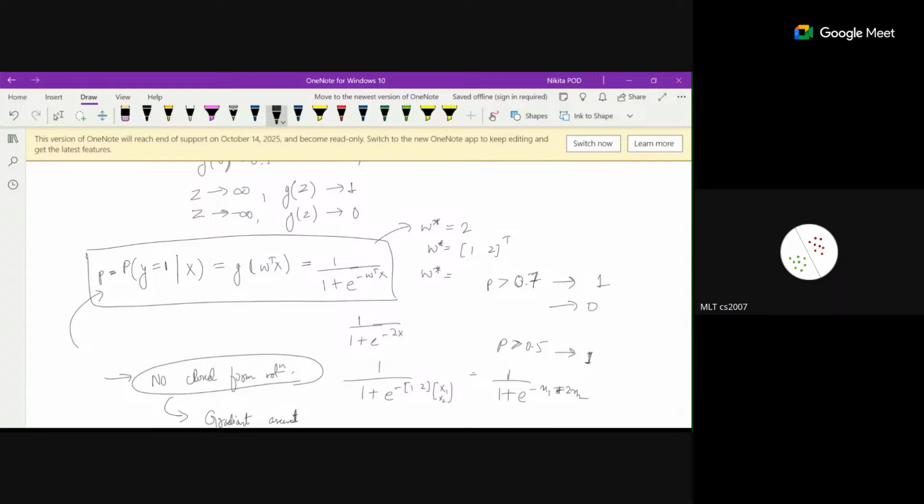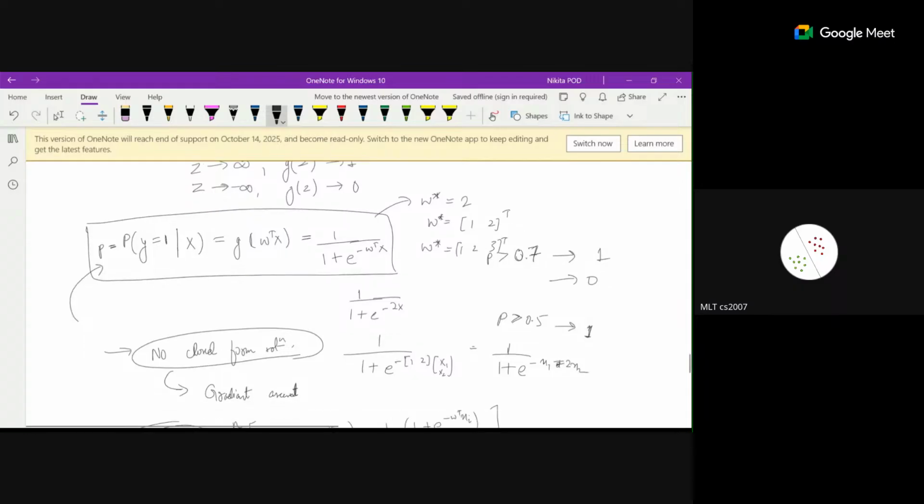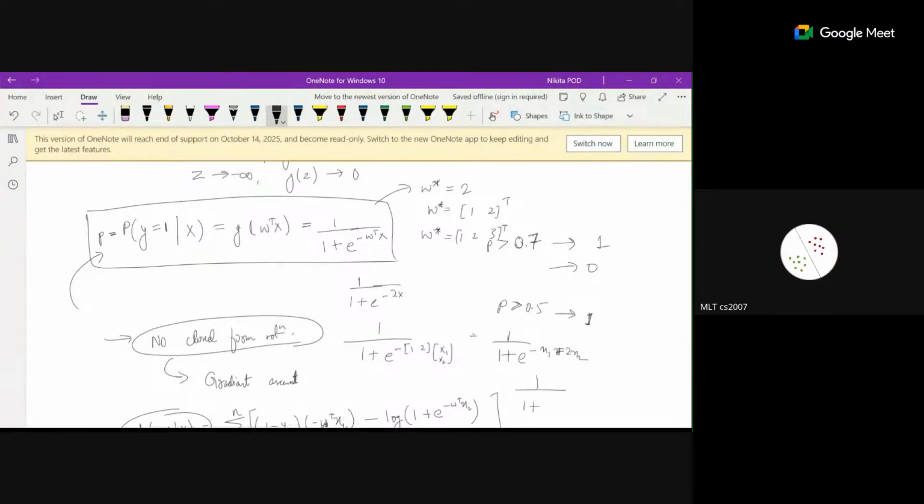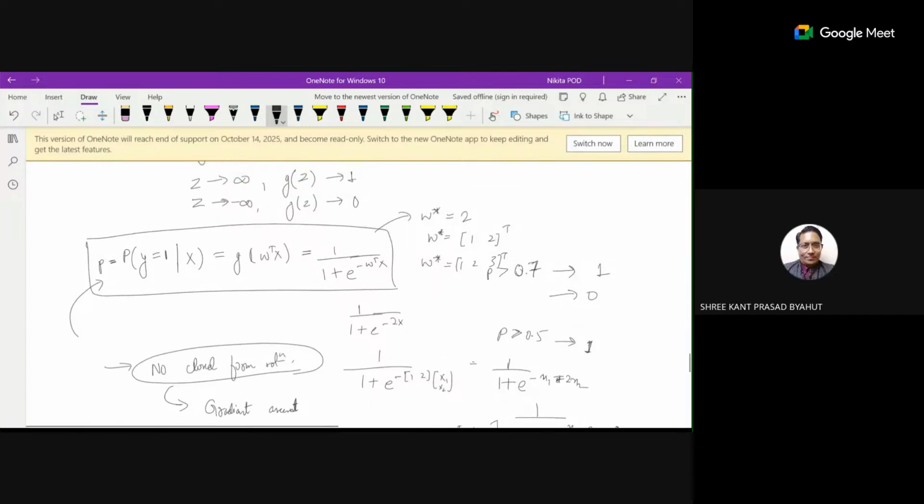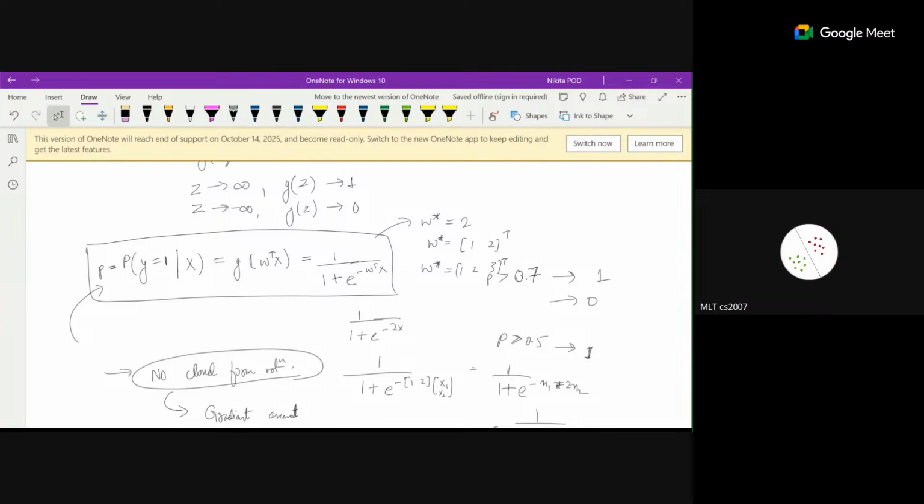The data set is in R3. Let's say W is 1 2 3. Repeat the same thing, then you will have 1 plus e to the power minus x1 minus 2x2 minus 3x3. It is just a matter of getting the minus W transpose X. So if you have to predict the probability, you need to know what W is, and this W will be learned using some optimization algorithm.